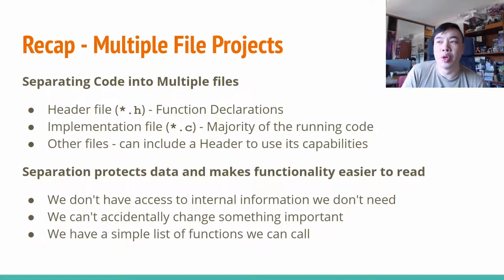Because you never have access to the internal structs of the library, you can't accidentally do anything wrong to them. So you can't accidentally delete them, you can't accidentally move the pointer away so that it doesn't access them properly anymore. Actually, I think you can do one of those. You can mess with the pointers by accident, because if you lose a variable, then you've lost the variable itself.